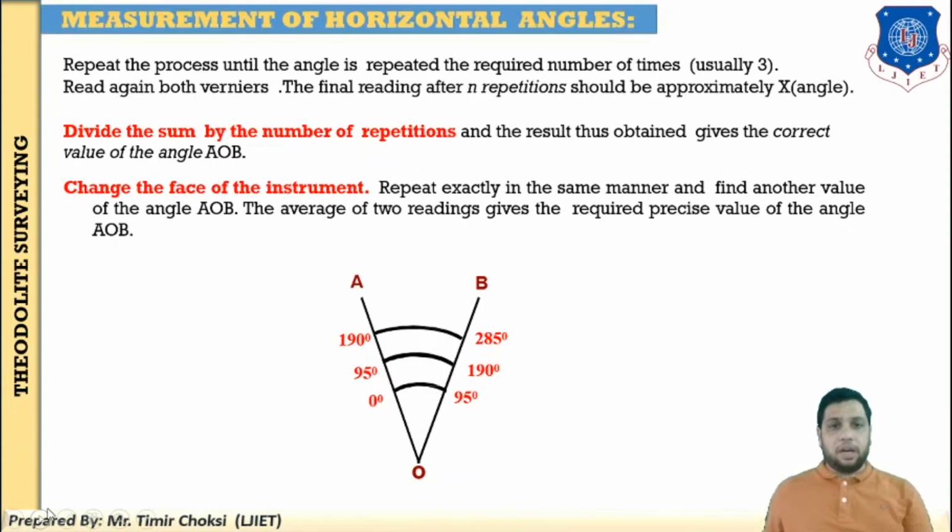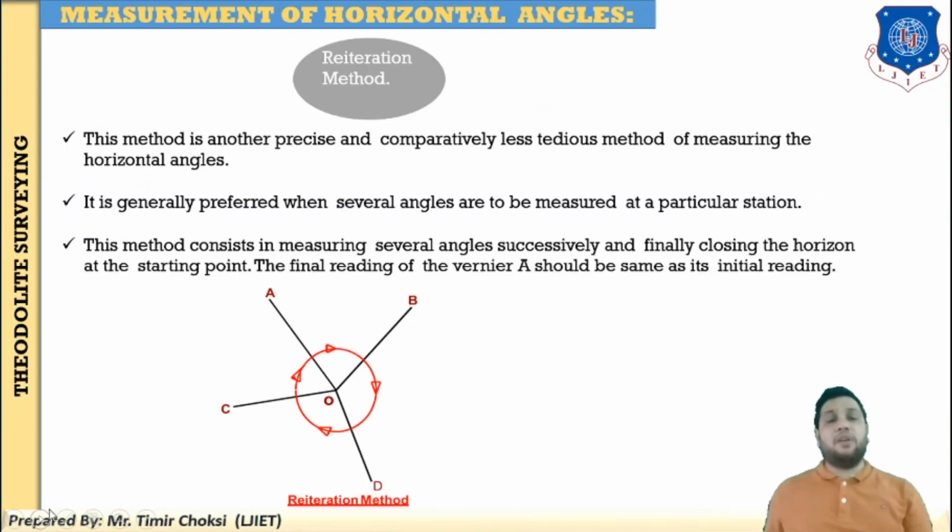Now the third method of measurement of horizontal angle is the reiteration method. This method is also precise and a comparatively less tedious method of measuring the horizontal angle. It is generally preferred when several angles are to be measured at a particular station. In the repetition method, we only find the angle AOB, only one angle is measured.